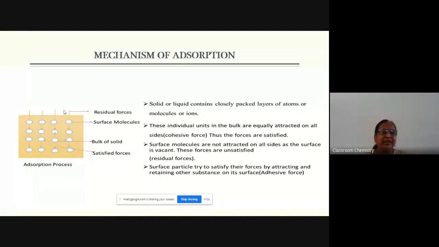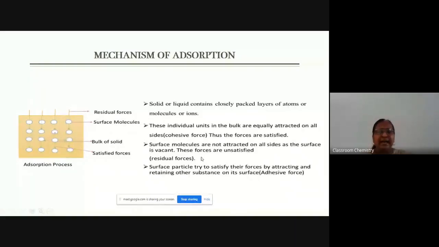कारण या सरफेस मॉलिक्युलच्या वरती नेबरिंग मॉलिक्युल त्याच टाईपचा नाही की जो त्याच्याबरोबर फोर्स ऑफ अट्रॅक्शन exert करतोय, and therefore we can say that their valency is unsatisfied, or there are the residual forces, or there are the unsatisfied forces at the surface of the substance. म्हणजे का unsatisfied आहेत तर surface molecules are not attracted on all sides as the surface is vacant, and therefore these forces are unsatisfied forces.